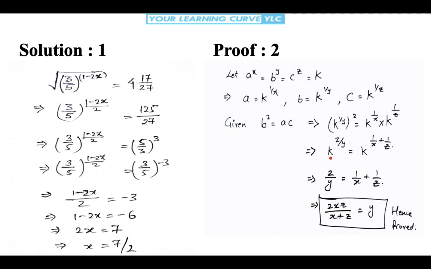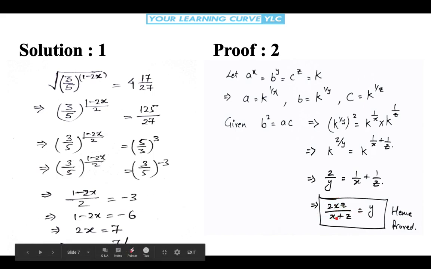If this is equal to 1, then x, y, z could have any values. But if the question is given, then we have to assume that k is not equal to 1, and then we can say that if base is not equal to 1 and both the values are same, then the exponents must be same. Therefore, we can say that 2 by y is equal to 1 by x plus 1 by z. On taking the LCM, we get y is equal to 2xz upon x plus z, which is the required result.